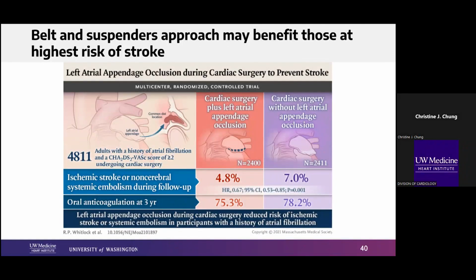And at a follow-up time point of 3 years, you can see that even on the background of very high adherence to oral anticoagulation, and the majority of these patients were treated with apixaban, there was still a significantly lower rate of stroke in the patients that got concomitant surgical atrial appendage ligation as well as continued on their anticoagulant.